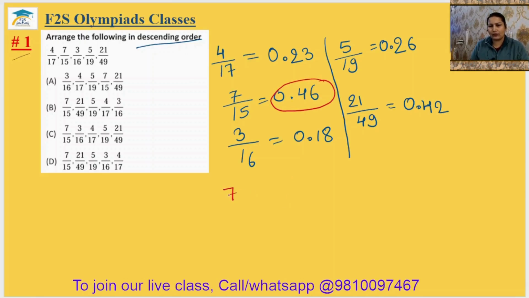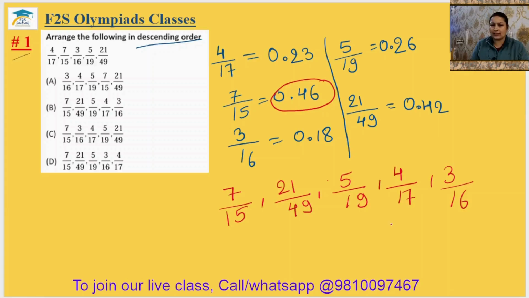So 7 by 15 is greater than 21 by 49, is greater than 5 by 19, is greater than 4 by 17, is greater than 3 by 16. It is in option B. So the first answer will be option B.